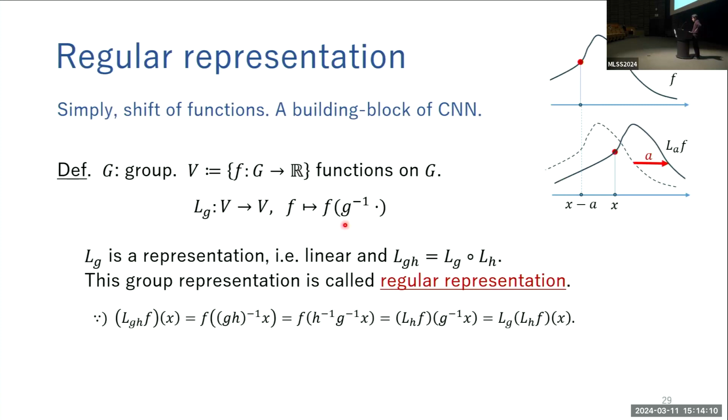So we need to make our inversion here to recover the value of the original function. In this way, this is just the shift of function. But mathematically, this is a correct way to define the shifting of the function.